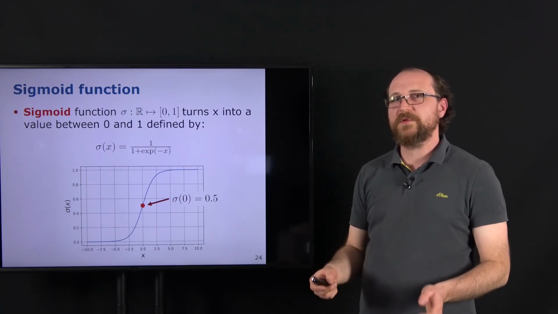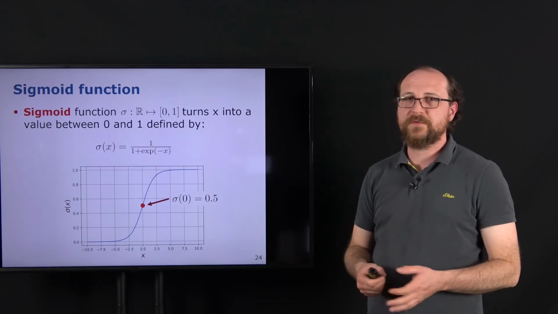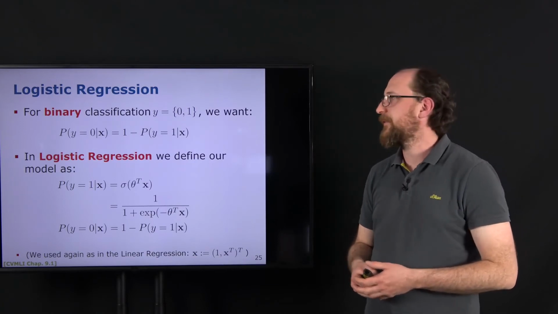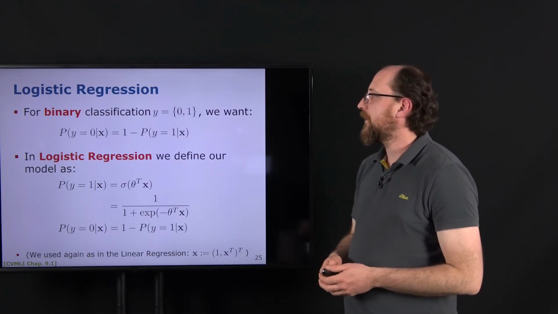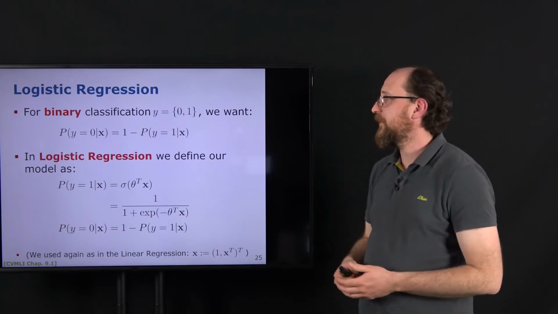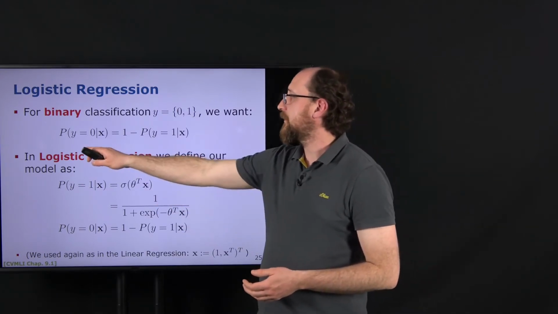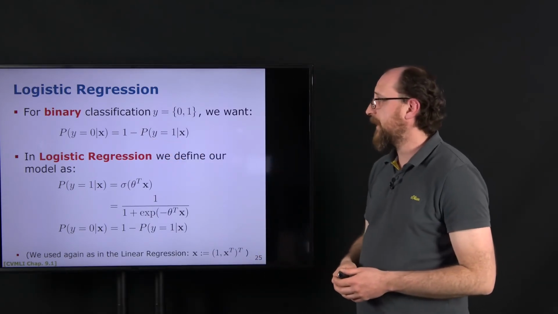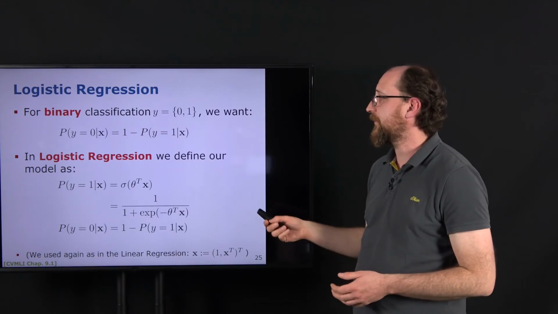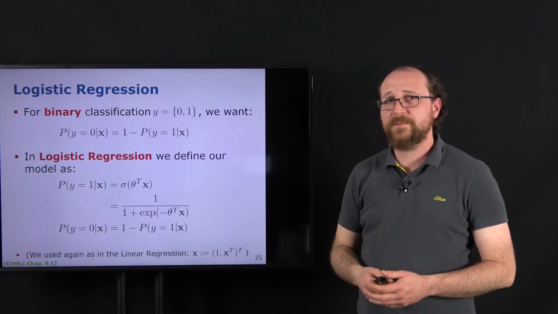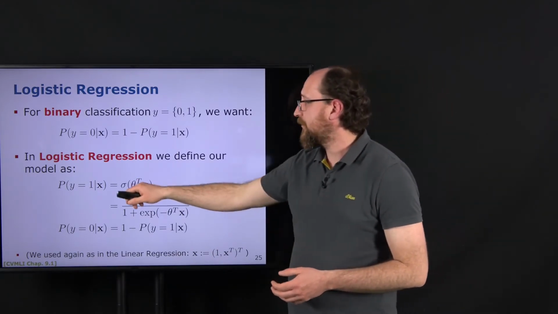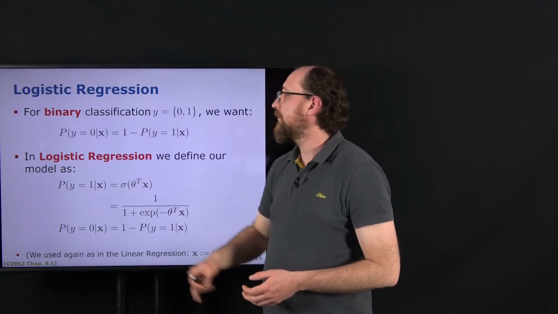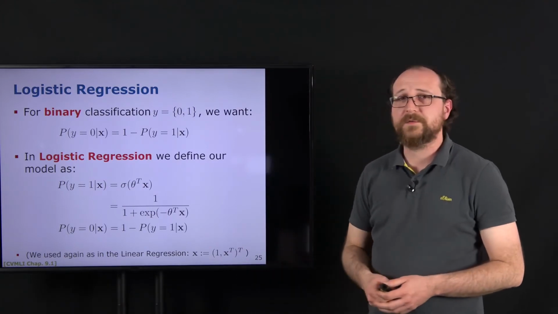When we now use this geometric view of the decision boundary together with the sigmoid function, we get for binary classification what is called logistic regression. For binary classification, we want to achieve that p of y equals 0 equals 1 minus p of y equals 1. For logistic regression, we use our intuitive model from before: we model the decision boundary and pass it through the sigmoid, which gives us the probability for p of y equals 1 given x.